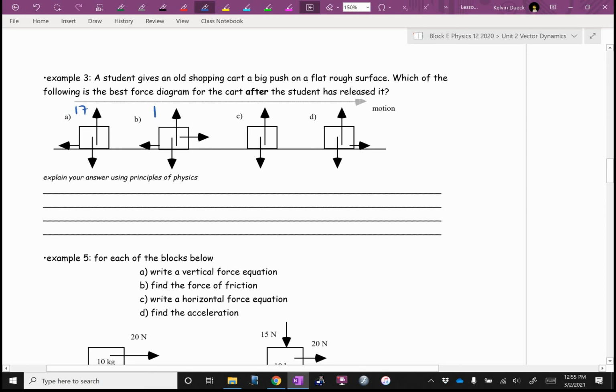C. D. Who didn't vote? So I'm putting you down as a D. There you go. Might be the right answer.